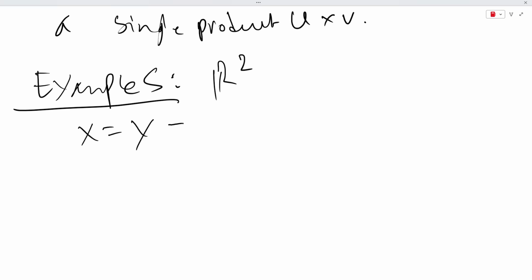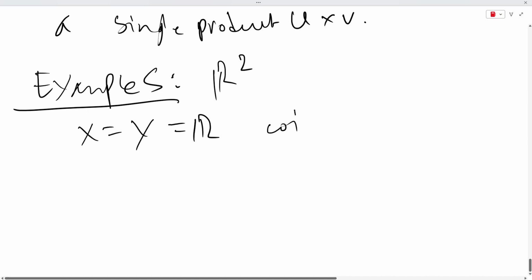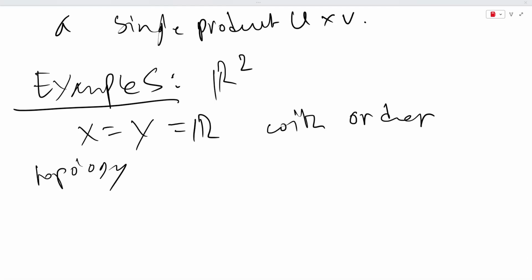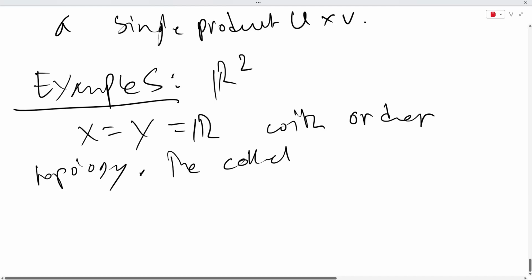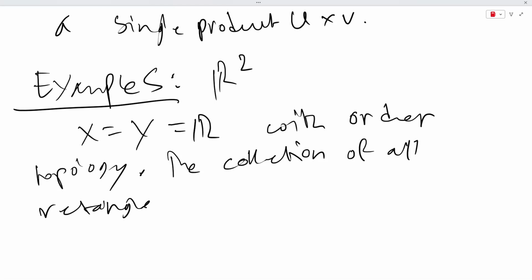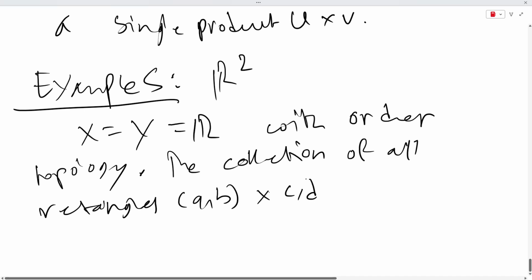So X equals Y equals R. This is the product topology with the order topology, a collection of all rectangles (a,b) times (c,d).